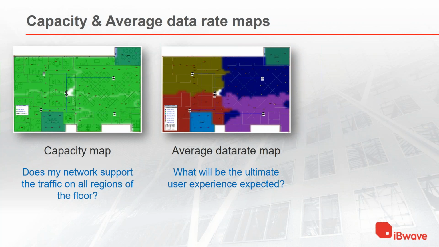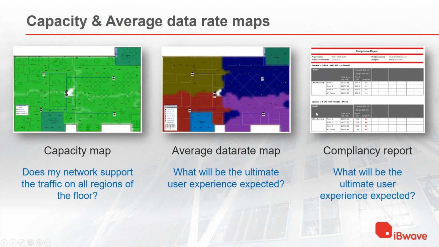You have interference, you have people sharing the same network around you. So the average data rate will be the data rate that you can expect per user based on the traffic that you have defined in the venue. And this is going to be very precise. It's going to give you a value in every location on your floor.